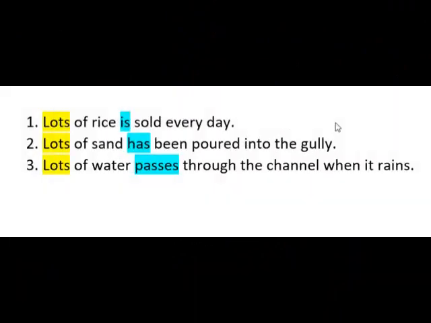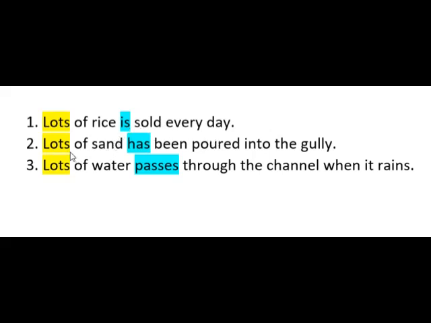When we use the word lots and we have an uncountable noun like rice, the verb will be a singular verb. That is why the first sentence reads, lots of rice is sold every day, not are sold.